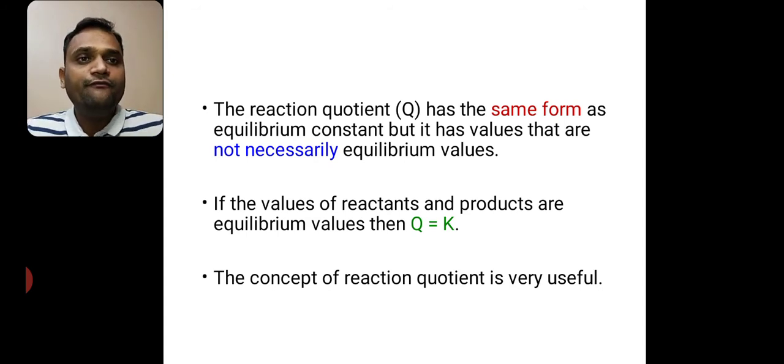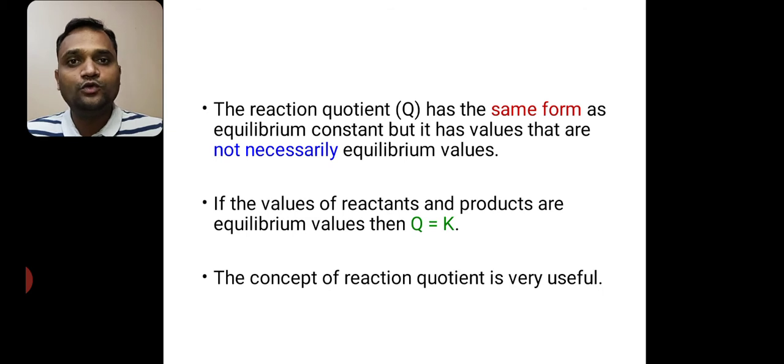Now, if the values of reactants and products are equilibrium values, then Q will become K. Whenever there is equilibrium, Q will become equal to K. And the concept of reaction quotient is very useful to us. Now, why is it useful?